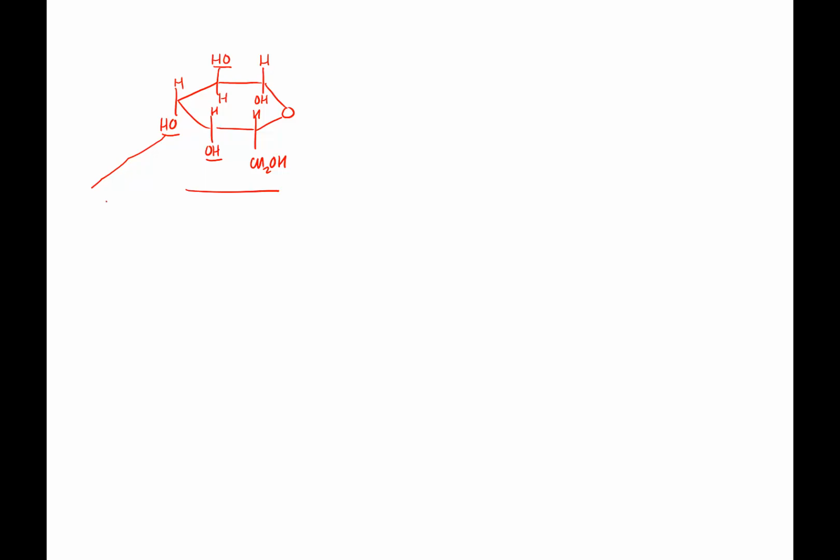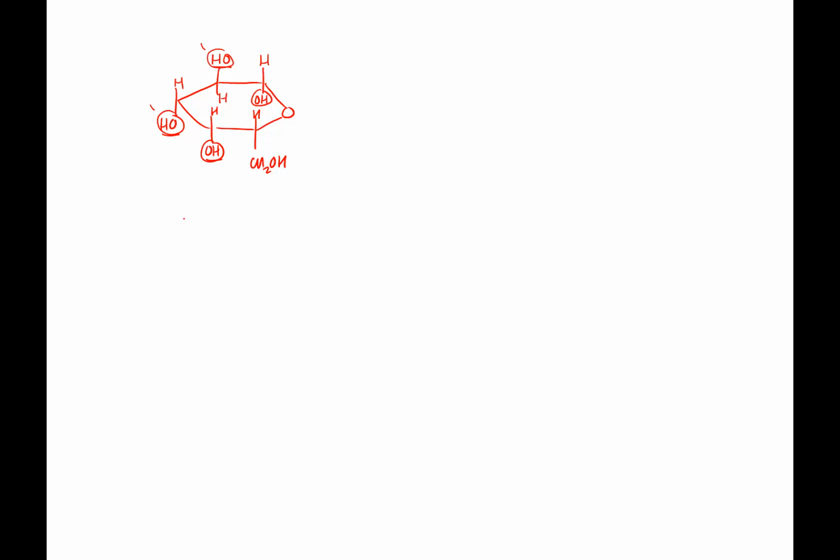And that's where there are different protection strategies that are used, and I'm not going to get into all of them, but I'm sure there are many online. I'm just going to show you one that's actually pretty easy to understand. If I erase my lines here, I could think of these two OH groups, they're cis, whereas this OH over here and this OH over there are trans, and this OH and that OH are trans as well.